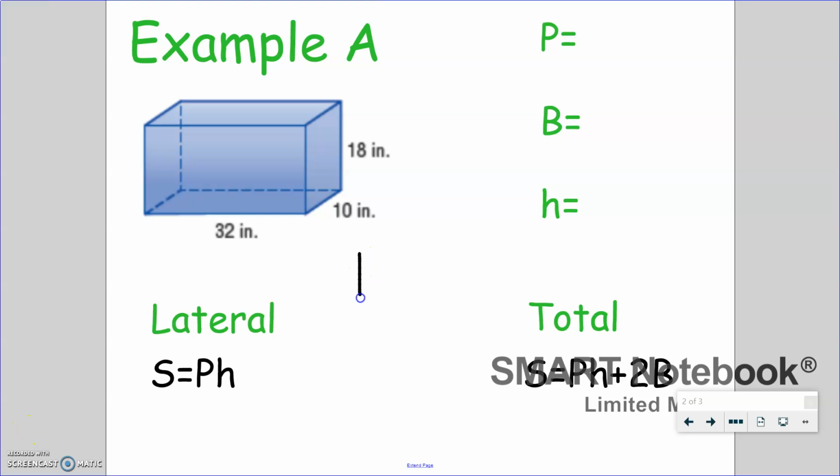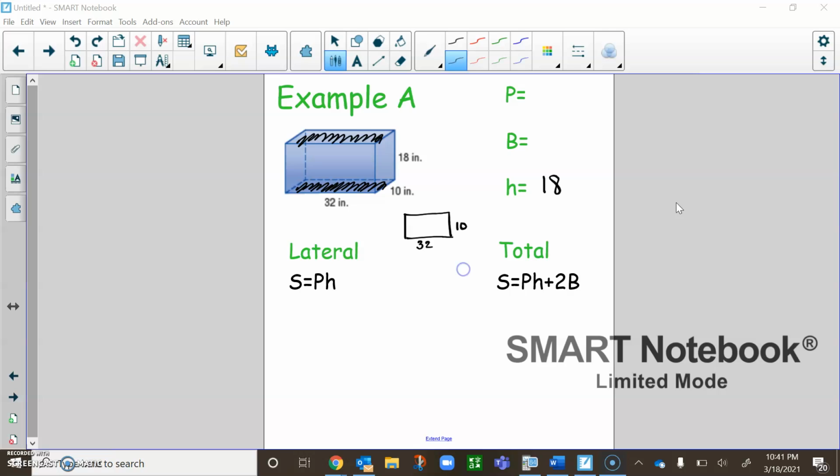So I'm going to draw my rectangular base. I'm going to shade my base. Remember, you have two bases. When I shade my base, I'm also going to label my base. So I have 32 and 10.